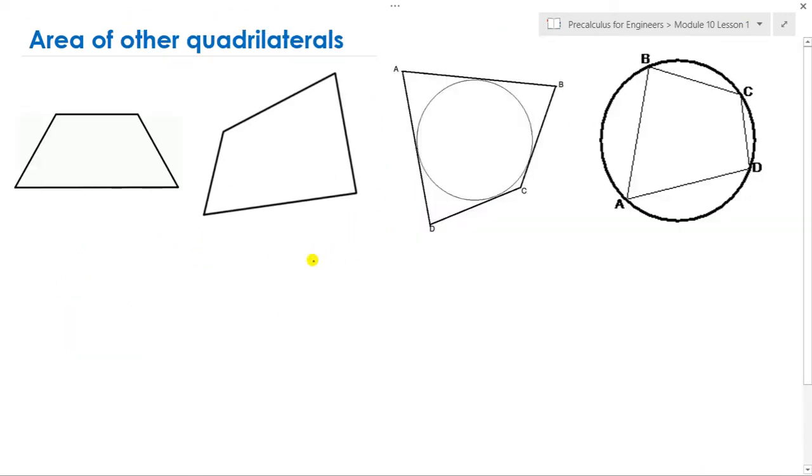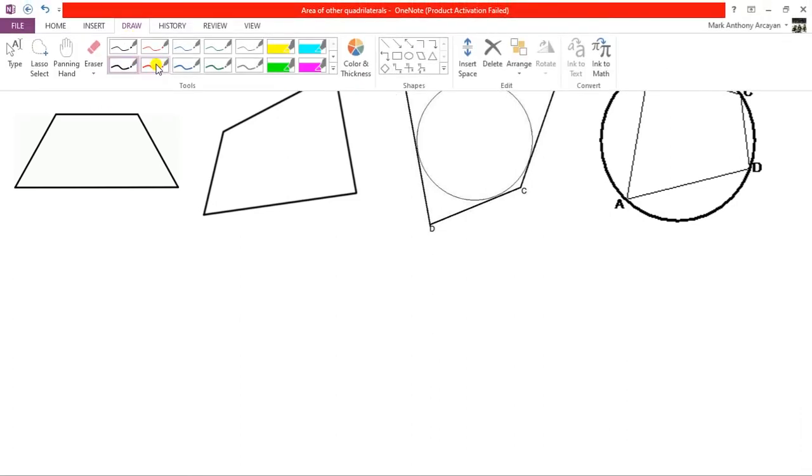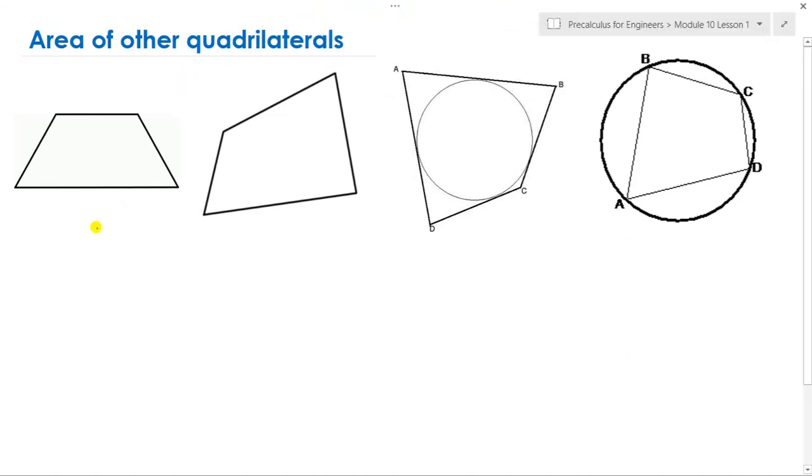Here, the area of other quadrilaterals. So, are you familiar with this first figure? Unsa man siya nga type of quadrilateral? Kaning first nga figure. Unsa man siya class? Trapezoid. So, this is a trapezoid.